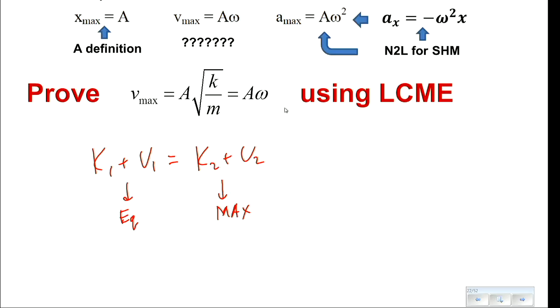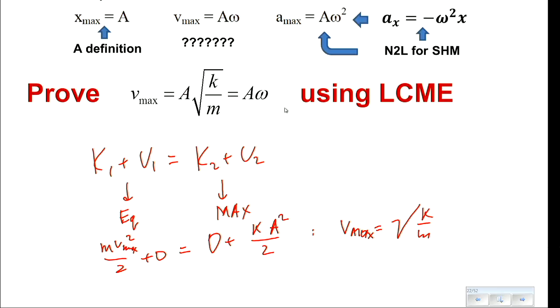At equilibrium, mv max squared over 2 plus 0 should be equal to 0 plus k a squared over 2. That's it. So 2 and 2 getting canceled. V max becomes equal to square root of k over m times a, square root of a squared. That's it.